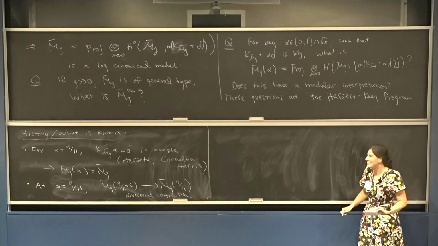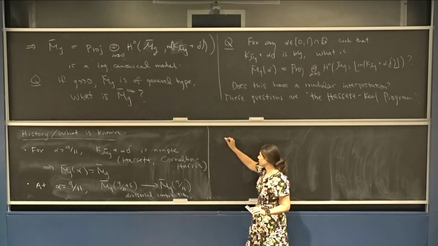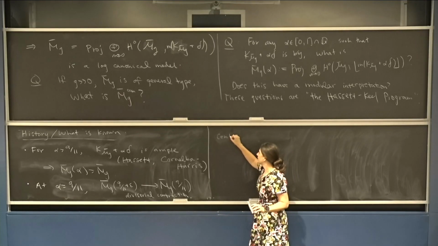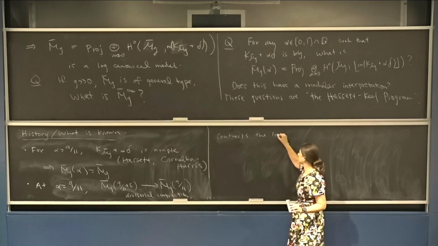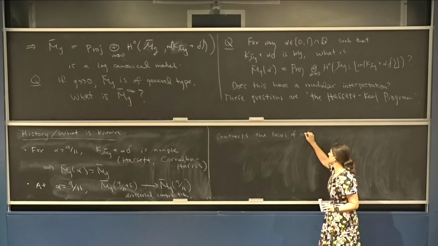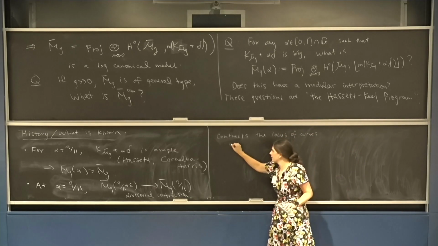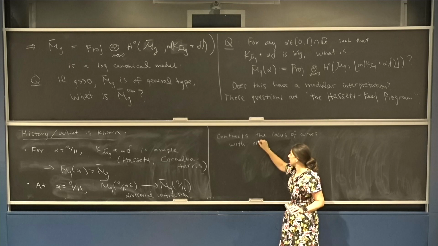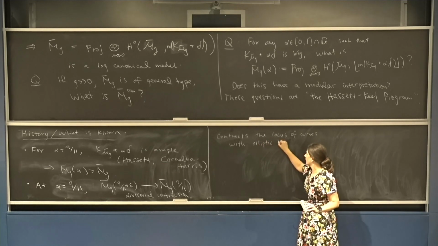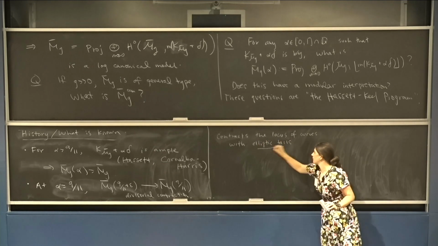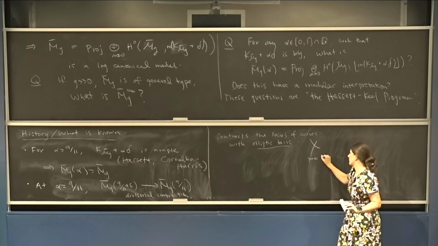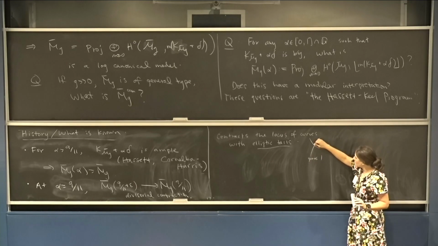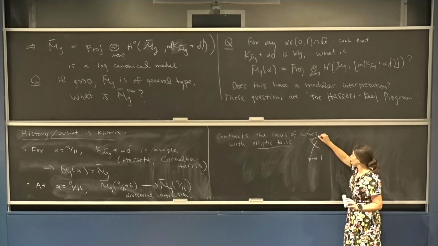But yes. So you have a divisorial contraction, and what does it do? This contracts the locus of curves with elliptic tails, which means you have some genus 1 component, an elliptic tail, glued to a genus g-1 component.